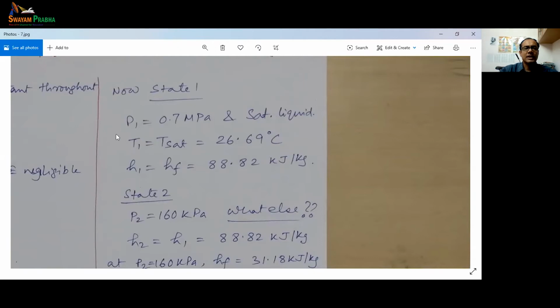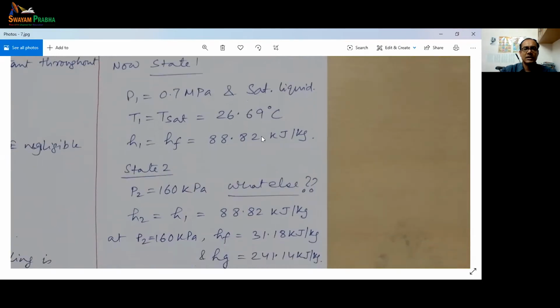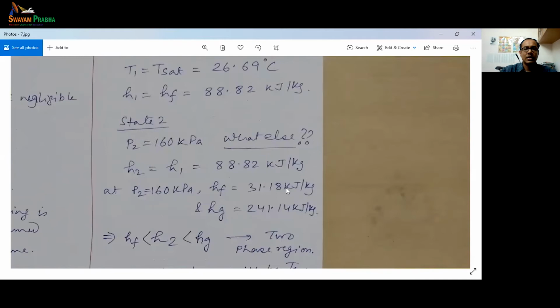The temperature is T saturated corresponding to 0.7 MPa, and that is 26.69 degrees centigrade, directly coming from the table. We can also look up H1, which is Hf or enthalpy of fluid at this 0.7 MPa saturation pressure. That is 88.82 kilojoule per kg.